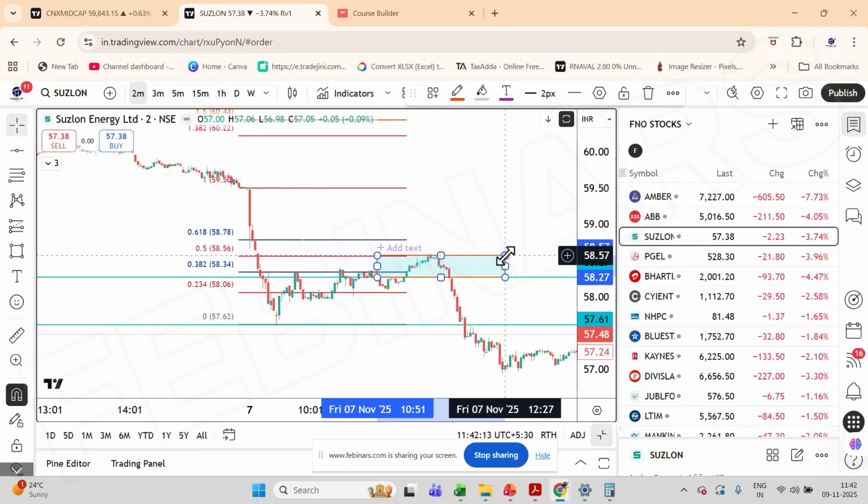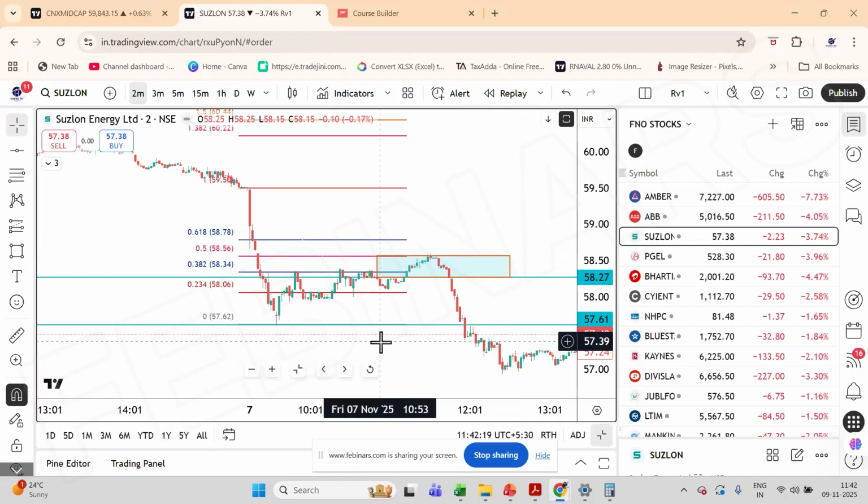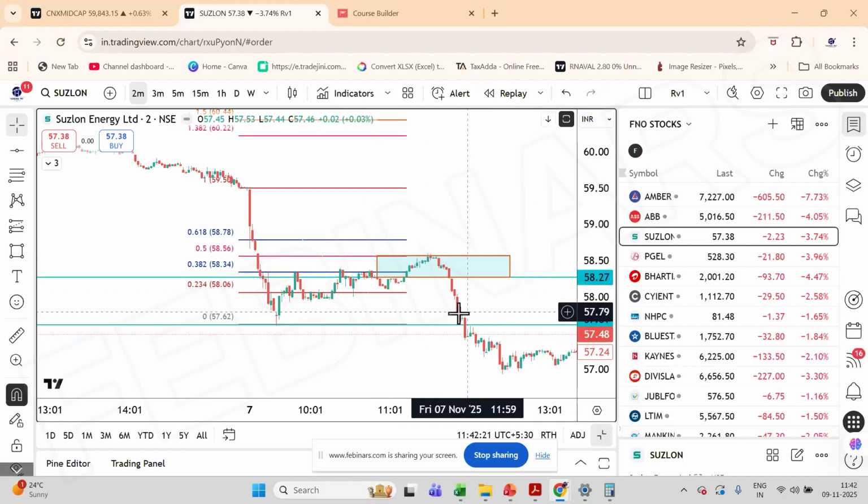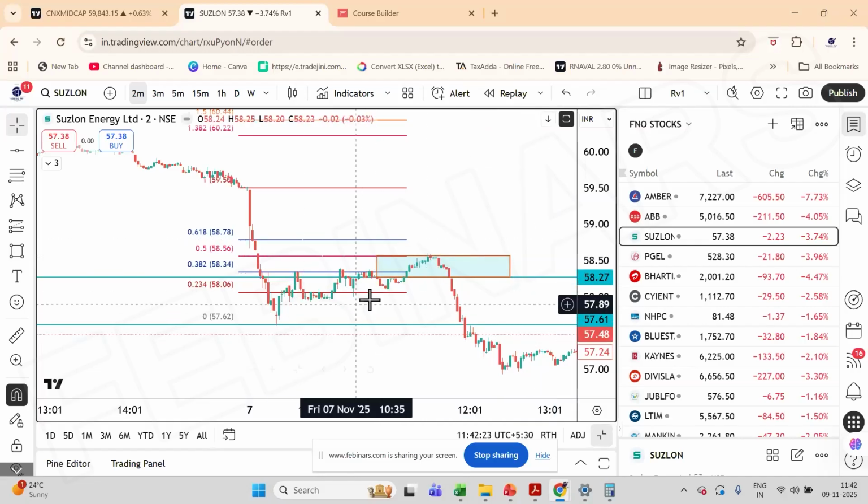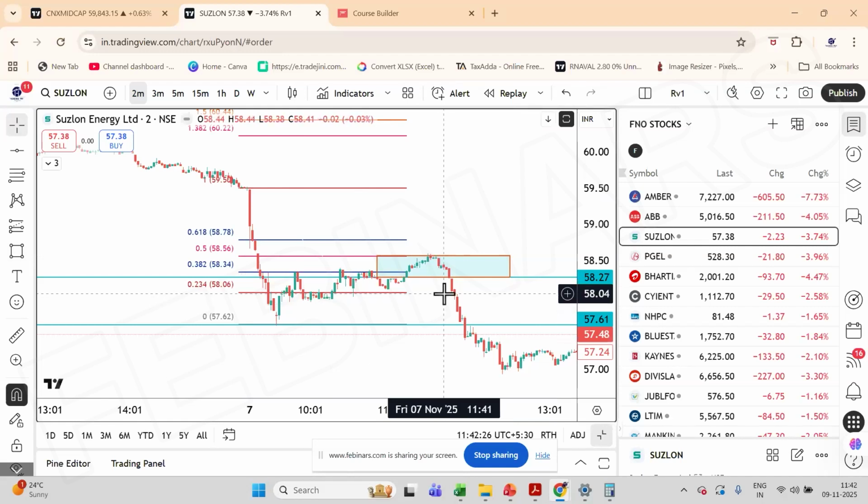The trend is down. With other parameters I would have used it definitely. So here, it's a small 30 paise stop loss that we are taking. From there the entry would have been taken. What would be the target objective?